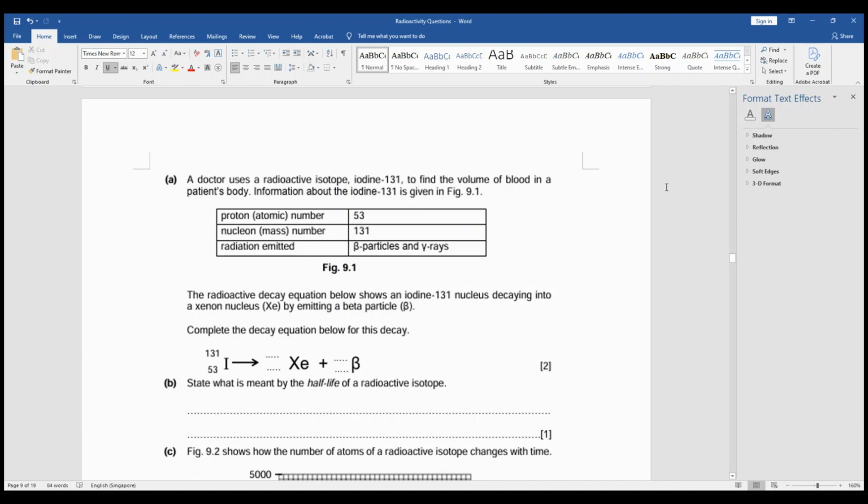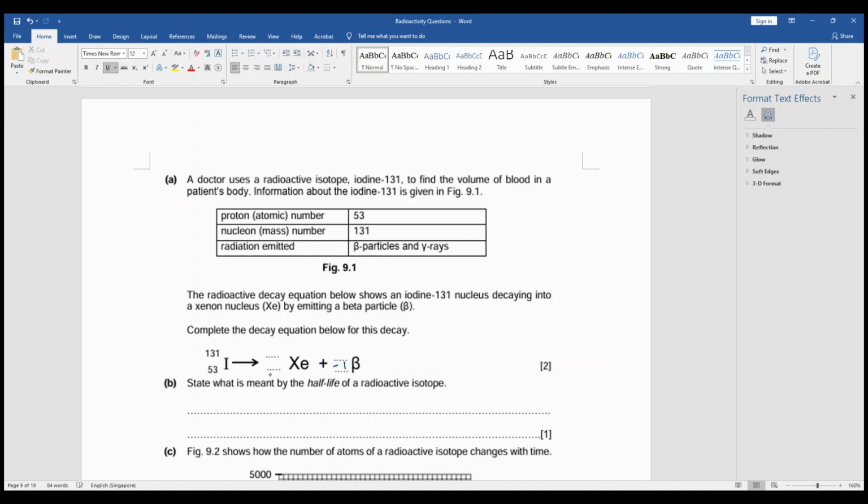Okay, we have a radioactive isotope, iodine-131. We want to find the volume of blood in the patient's body. You have your atomic number 53, 131, beta particles, and gamma ray. So we need to fill in the blanks. 131 and 53. Now, beta, as we know, is not in the nucleus, so on top is 0. You will minus the proton by 1?